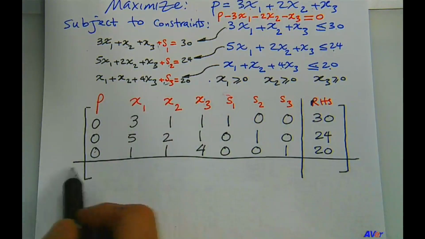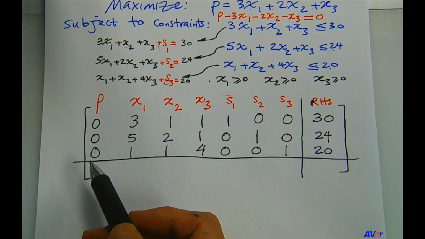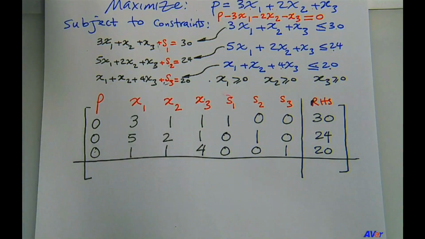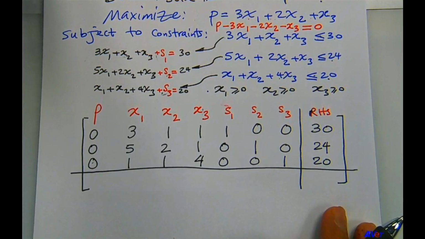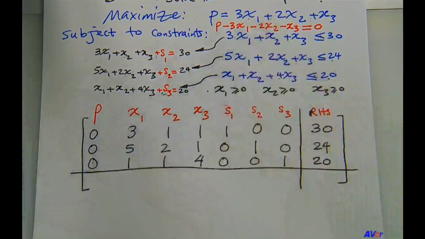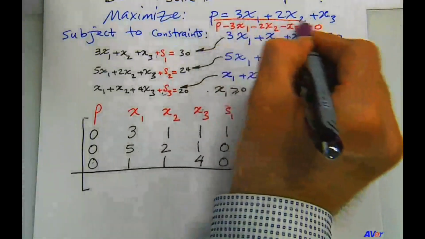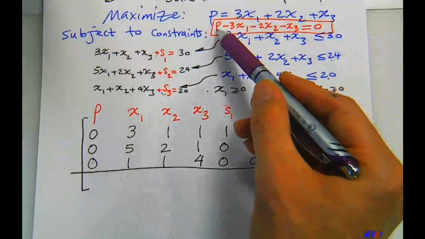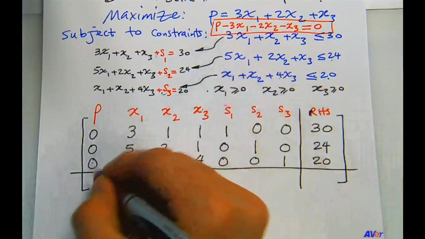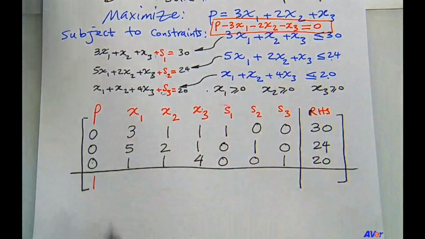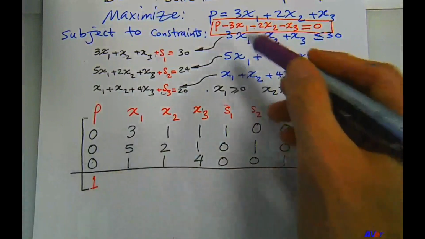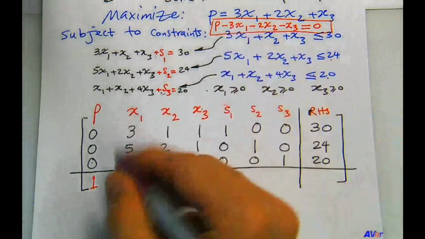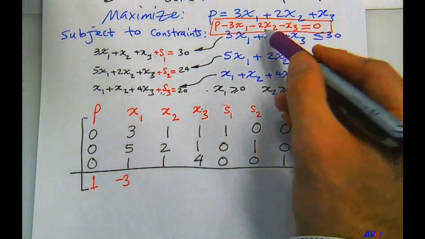The bottom row is always the coefficients of the objective function. The rearranged one, right? These ones. These are the coefficients we're going to import, not the original coefficients. So P has coefficient 1, so 1, right? X1 has coefficient -3, -3.